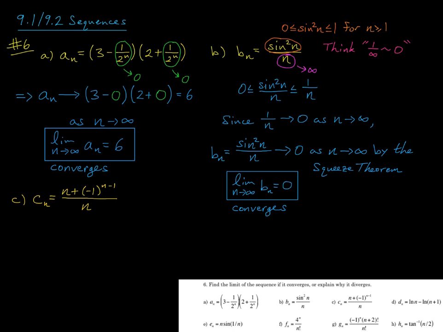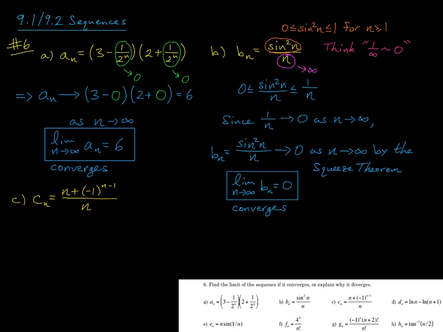Okay, so now sine squared of n divided by n, it's certainly non-negative, so it's bounded below by 0. And then what I'm saying up here is that since sine squared of n is always between 0 and 1, this ratio will always be bounded above by 1 over n. Okay, and 1 over n, this thing on the right, is going to 0 as we let n approach infinity.